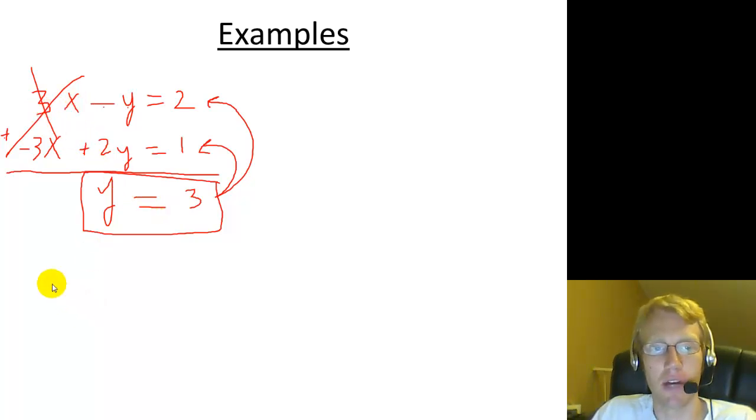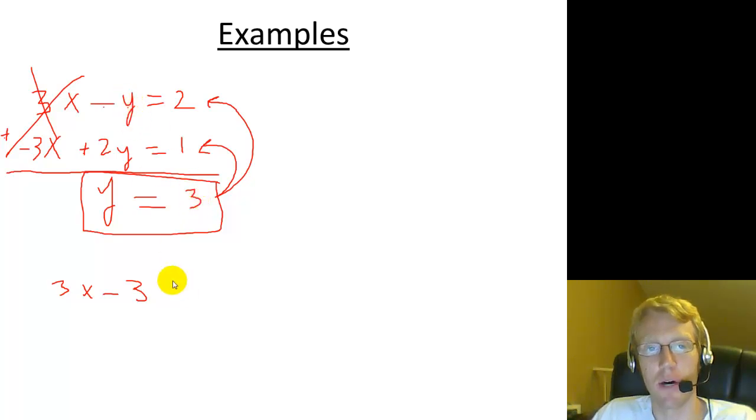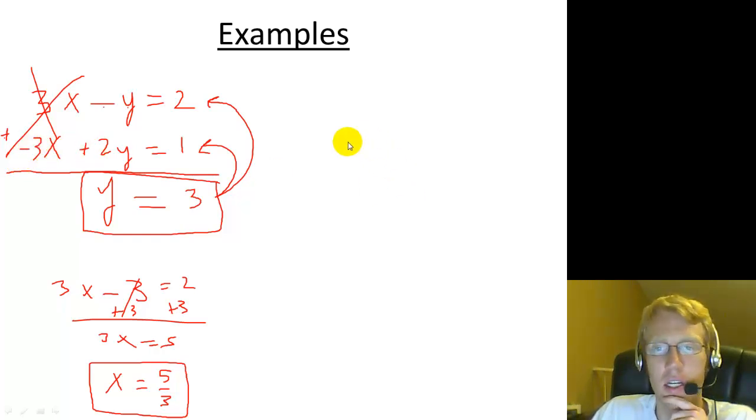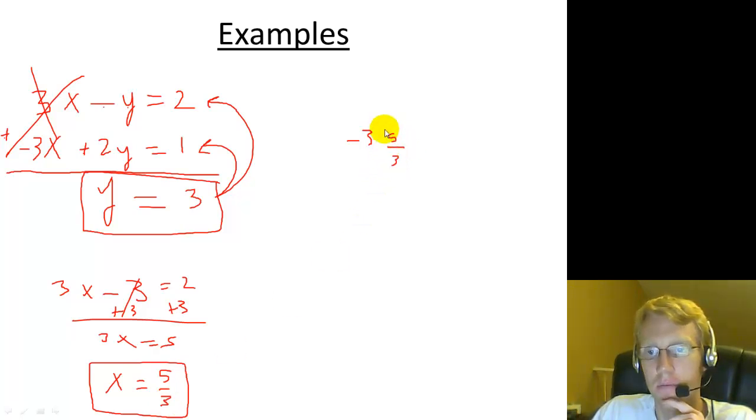So here we have 3x minus 3, because I'm plugging in 3 for y, equals 2. To solve this, I add 3 to both sides. I get 3x equals 5, and therefore x equals 5/3. Okay, let's check that by plugging it into the other side. Negative 3 times x, we got 5/3, plus 2y, plus 2y is 3.